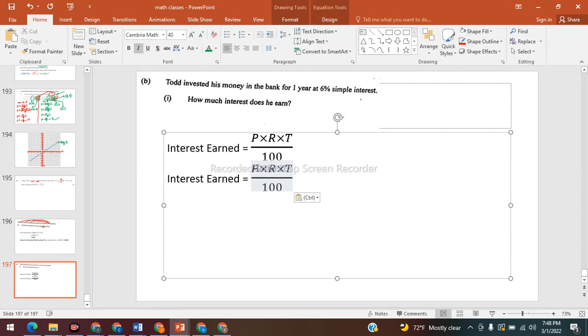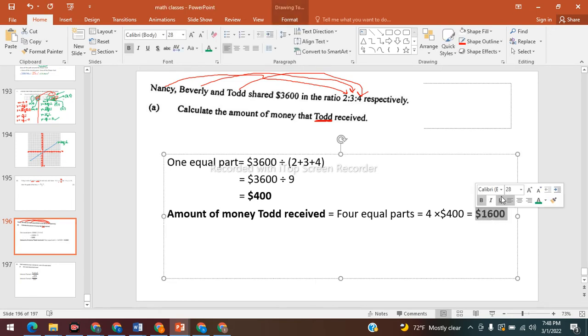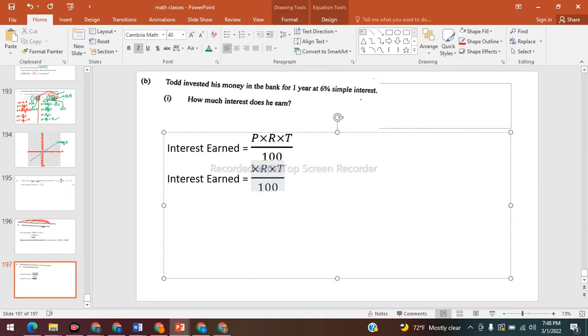P, the principal, is the amount that he put in, so that's 1600. Times the rate, which is 6%, so 6, times time.